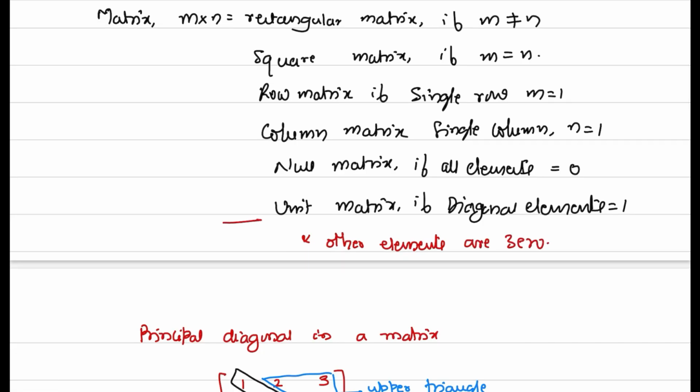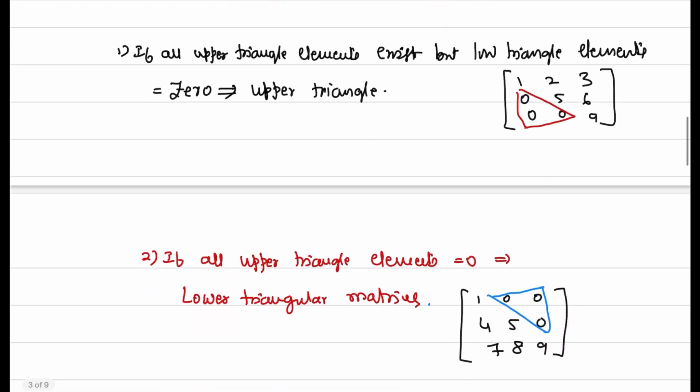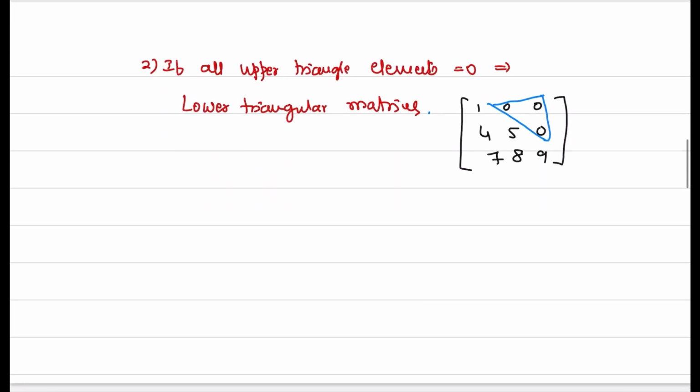For this, I is equal to 1, 0, 0, 0, 1, 0, 0, 0, 1. This is the unit matrix represented by I. And these are the different types of matrices.